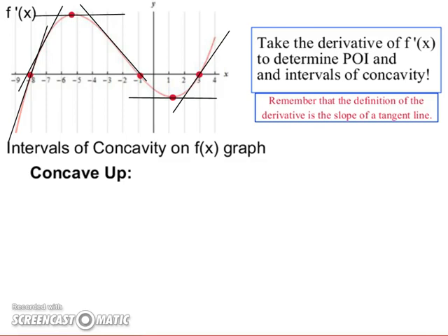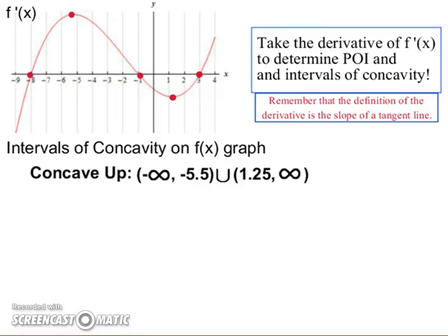So anywhere where the tangent lines are positive gives us where f of x is going to be concave up because that's where the second derivative is going to be positive. So that happens here and that happens here. And these are approximates. I know it's not exact here, so I just made this negative 5.5 right there, and then about 1.25 here.